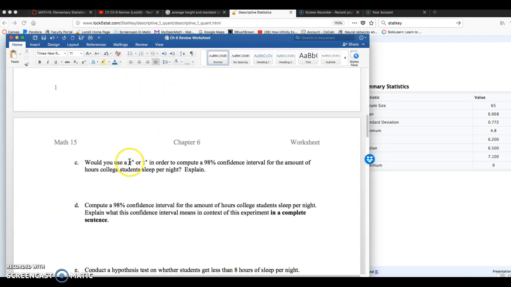Going down, we use the Z or the T distribution in order to compute a 98% confidence interval. I want to note here that we only know the sample data, so in this class we use the T distribution.